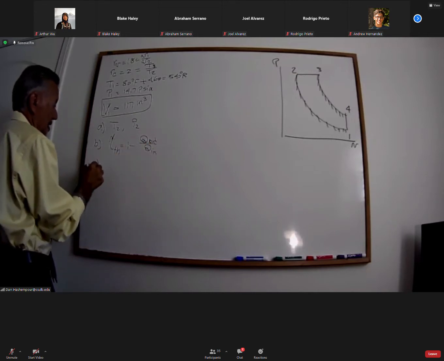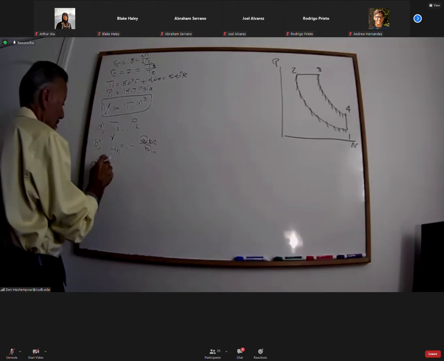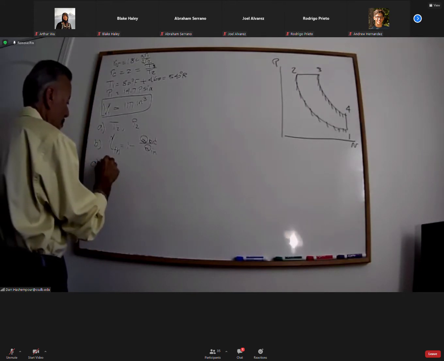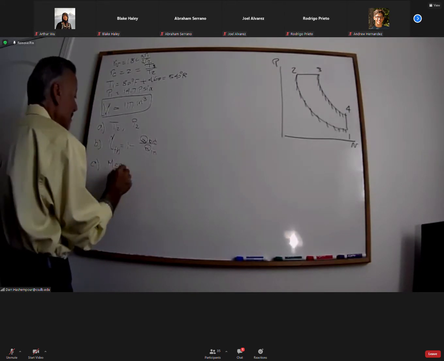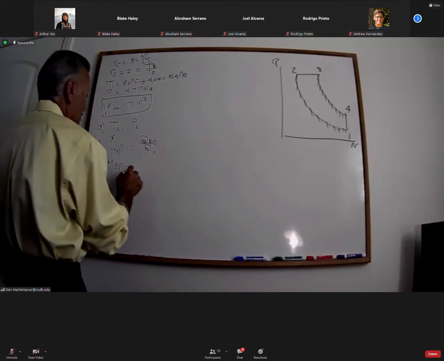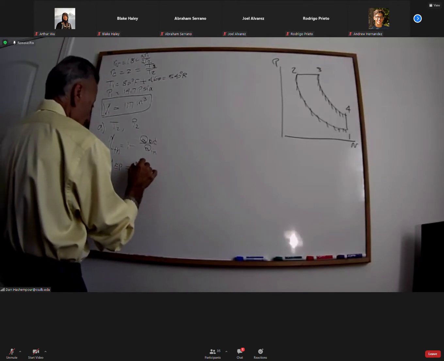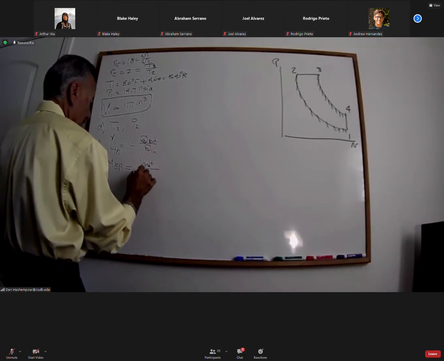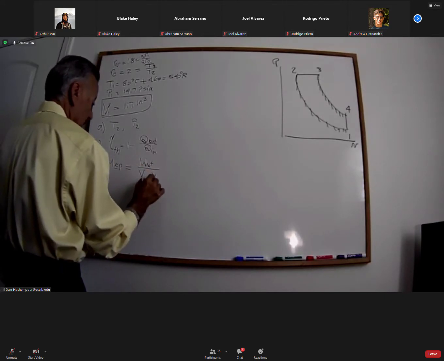And part C, they want us to find MEP, which is equal to the net work divided by V1 minus V2.